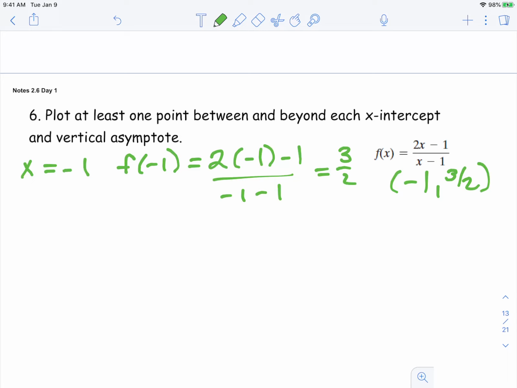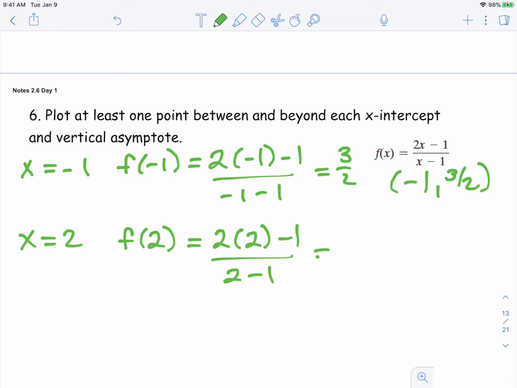Now I'm going to evaluate it for 2. F of 2, simplify it, and you'll get 3.